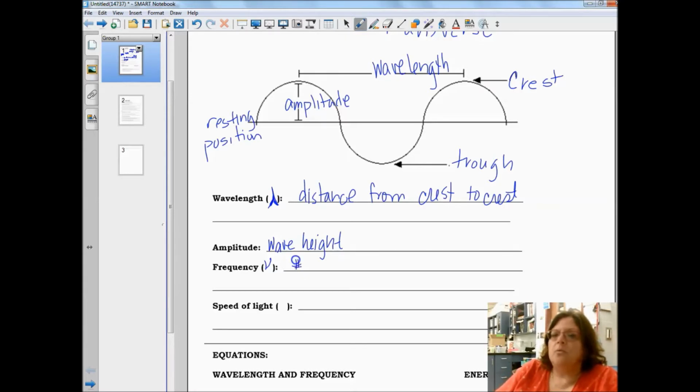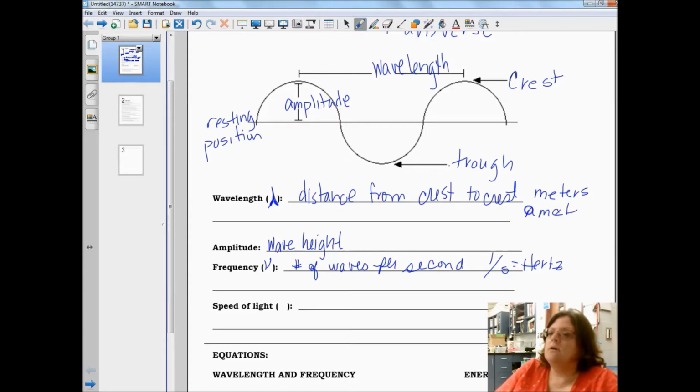Frequency is the number of waves per second. It's a rate. The units for frequency is 1/seconds, which is also known as a hertz. The unit for wavelength is meters, although sometimes we will have it in nanometers.